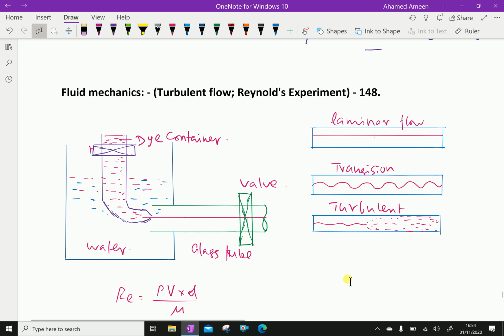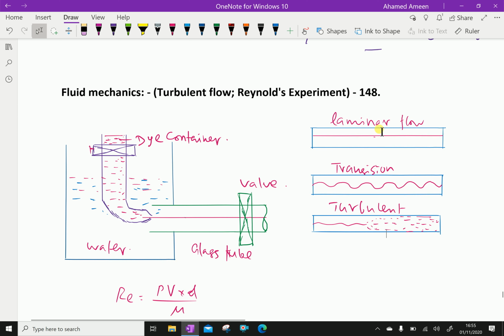Now, with the increase of velocity through the pipe, the dye filament broke up and finally diffused in the water. This means that the fluid particles of the dye at this higher velocity are moving in a random fashion, which shows the case of turbulent flow.